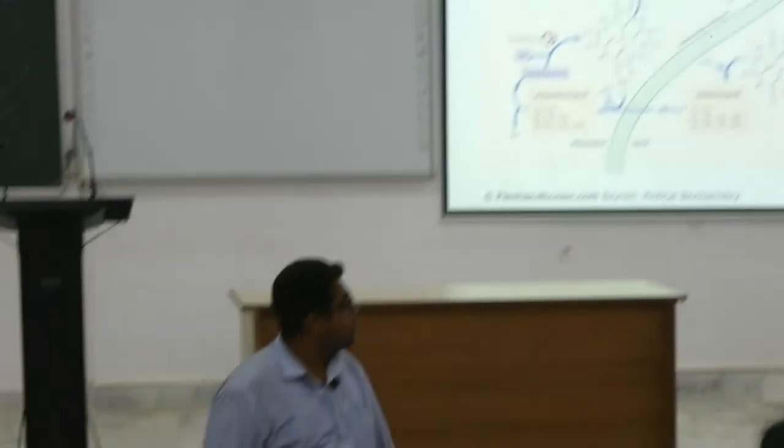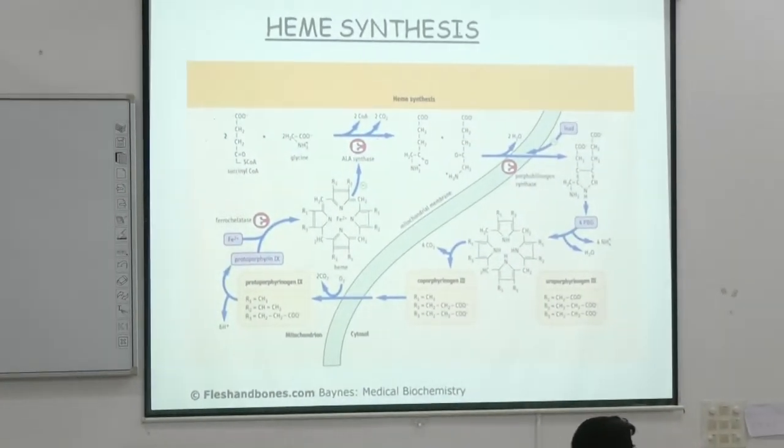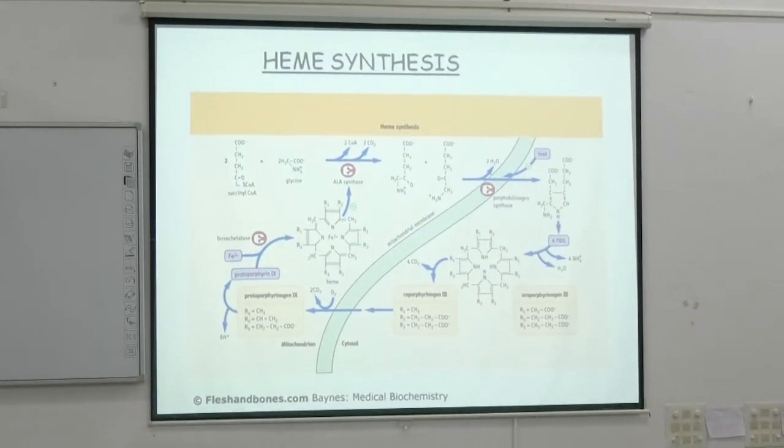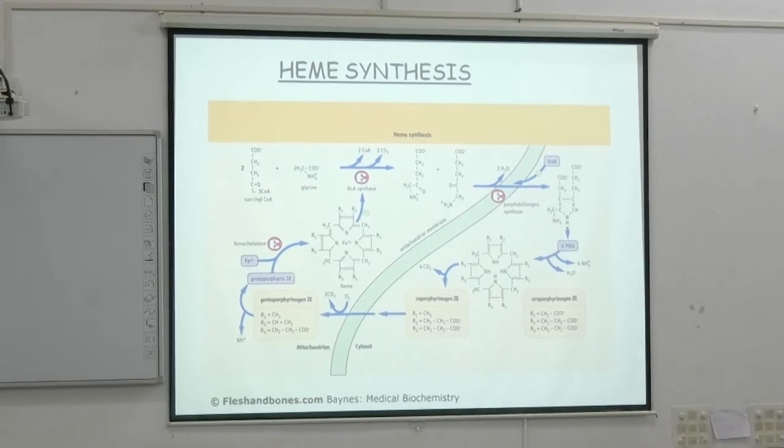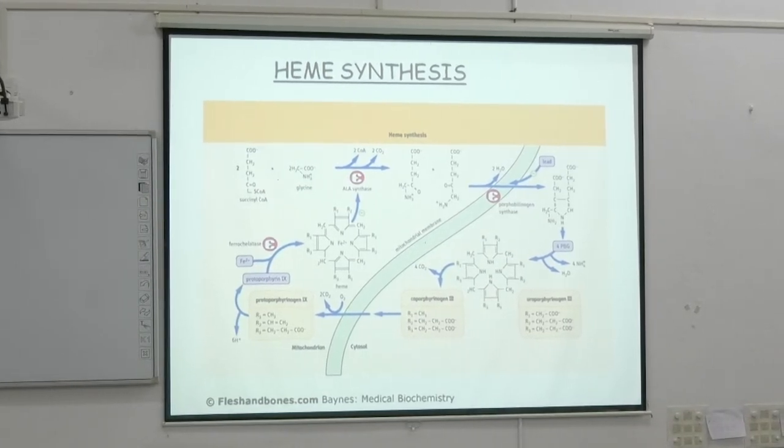There will be 4 pyrroles together, which will be activated by the enzyme porphobilinogen synthetase to form PBG, or porphobilinogen.